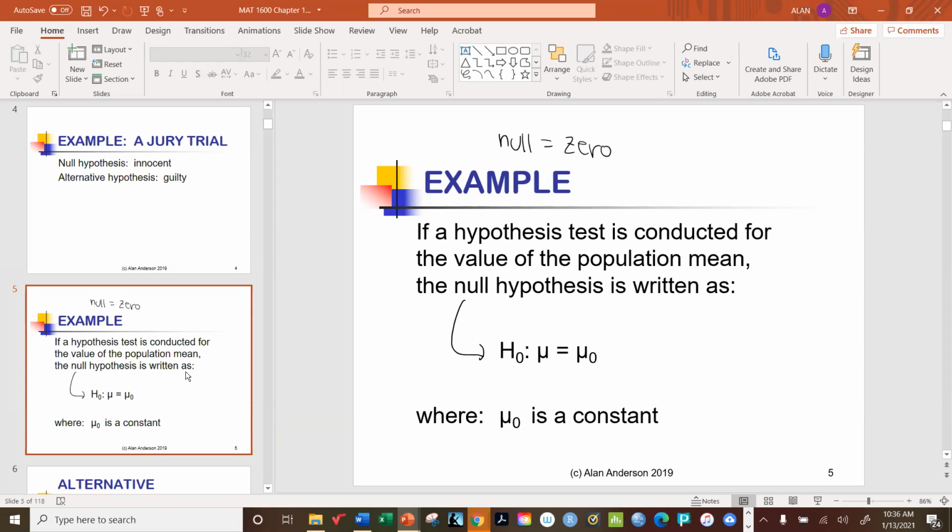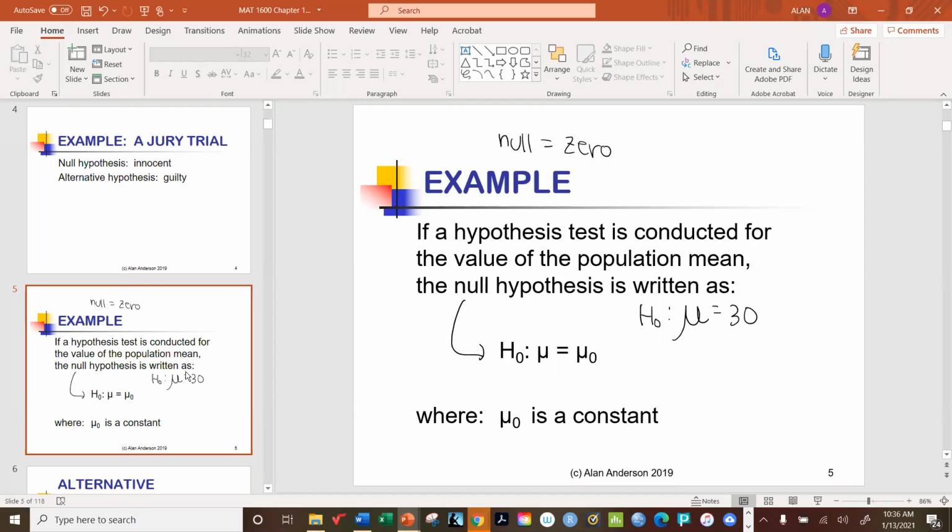It's the starting point. So for our first few examples, we're going to look at the population mean, whose value we do not know, and we're going to assume that it equals this number. This is a constant. We will specify this constant in the problem. For example, remember I said before, if the government thinks that the average age in the US is 30, their null hypothesis would be written like this.